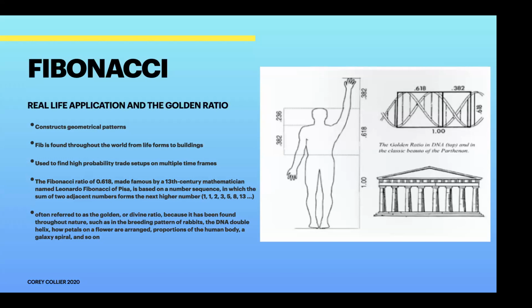That's what Fibonacci is as far as real life application, right? So when we use it on charts, guys, since it's found throughout all aspects of life, it's going to be found in some aspects of trading. And that gives us added confluence or confidence to enter these trades and hold these trades to certain levels.